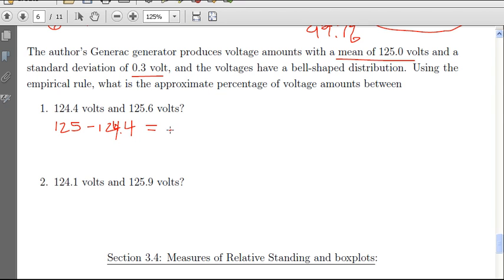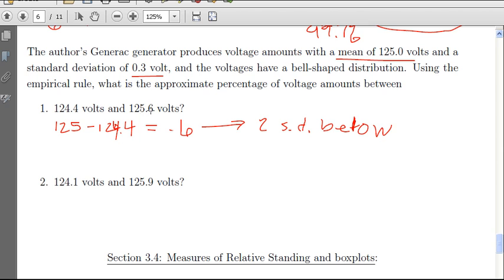That's 0.6 below. The standard deviation is 0.3, and we're 0.6 below, so 124.4 has to be 2 standard deviations below.